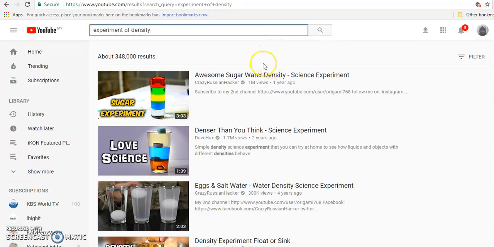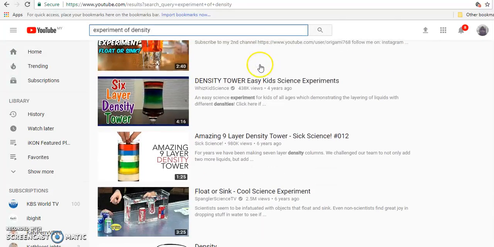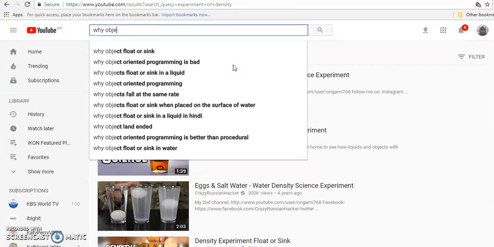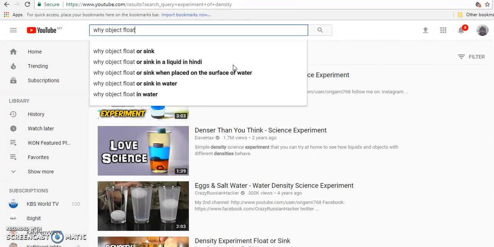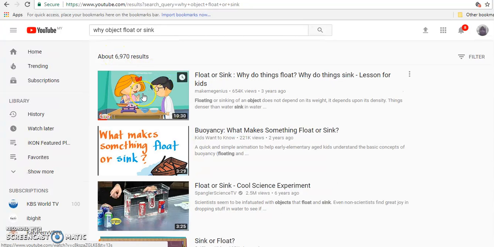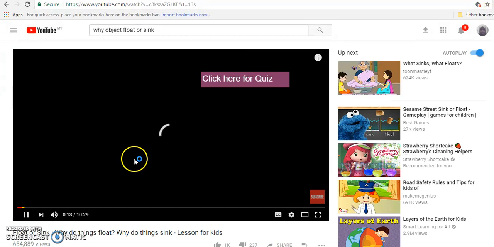There are many types of experiments where density can be shown, but just now we were talking about why objects float or sink. So here is why do things float and why do things sink.